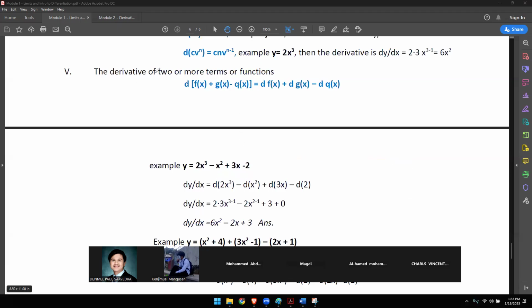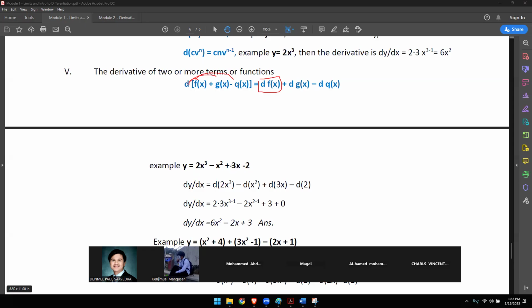So the derivative of two or more terms or functions, like for example, the derivative of f of x plus the derivative of g of x minus the derivative of q of x. We can actually distribute the d for each expression, so it's now the derivative of f of x plus the derivative of g of x minus the derivative of q of x. We call this differentiation by terms or by parts.